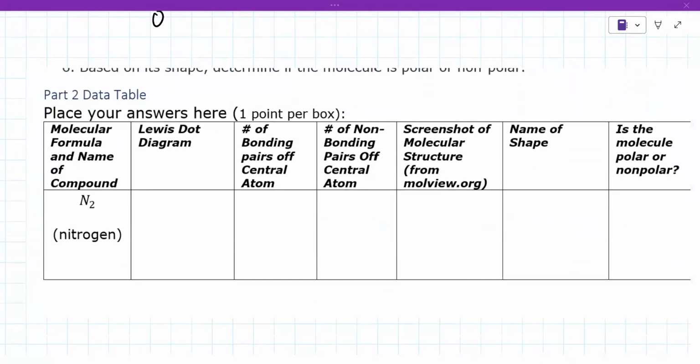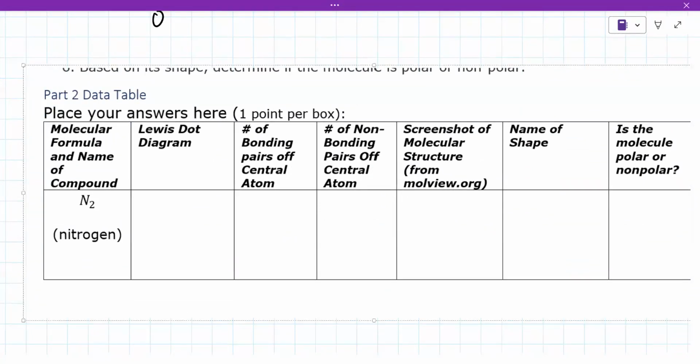Are these the ones where I have to screenshot? Yes. Okay, so we can just do the rest besides that. And there are also some discussion questions at the end. I can do those probably. Okay.